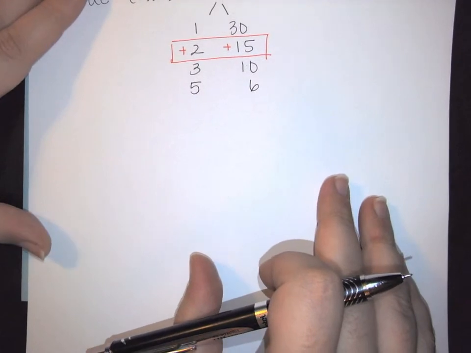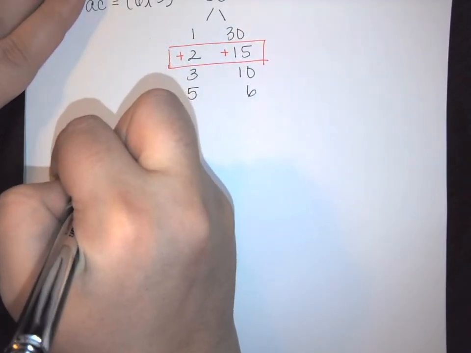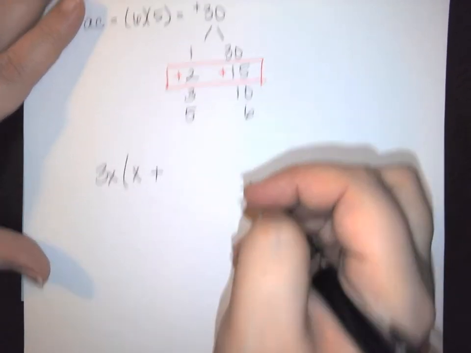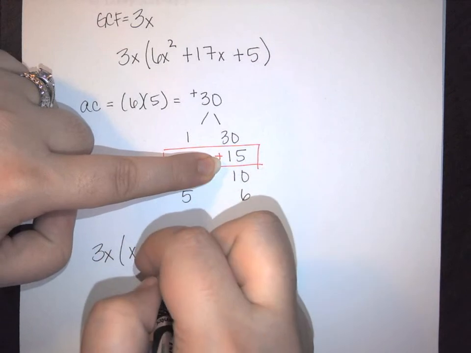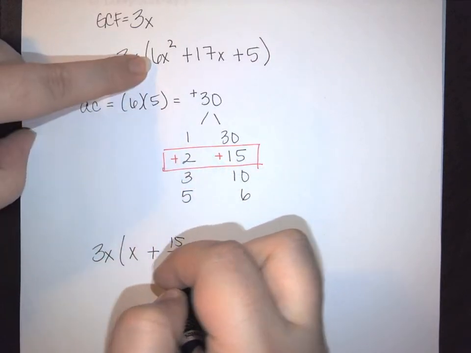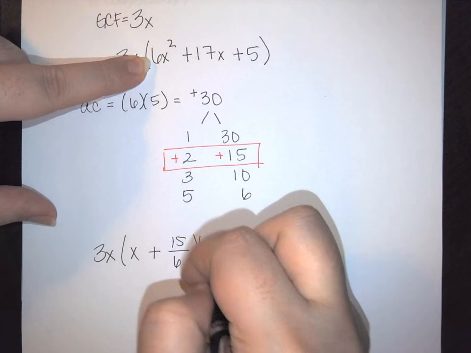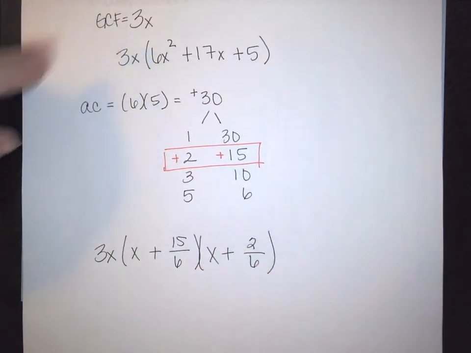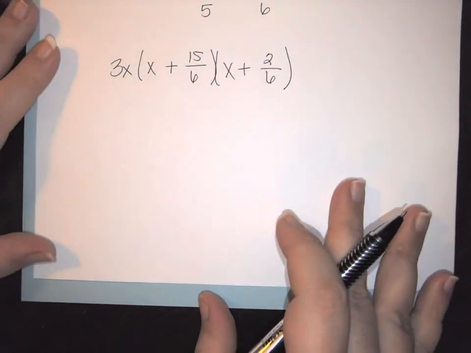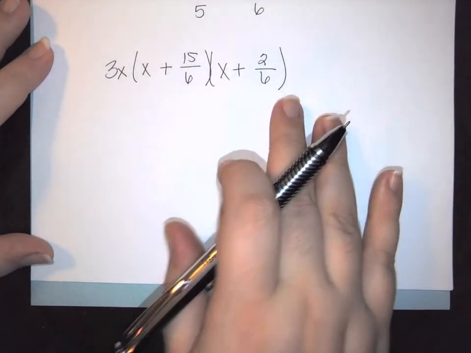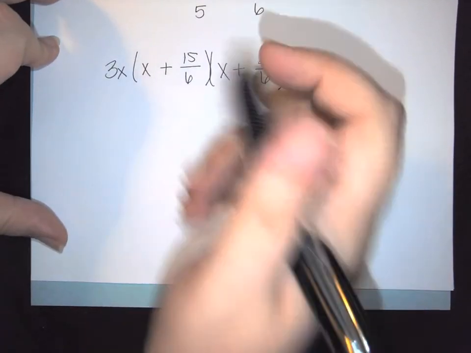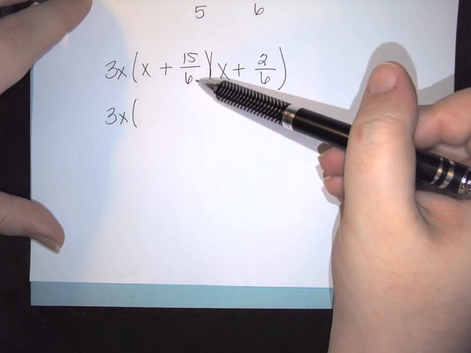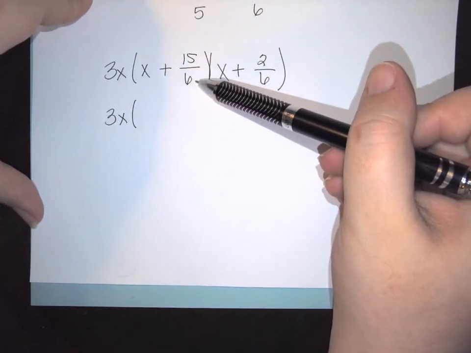Once we know that, we can set ourselves up. So we have my 3x, because that's what I pulled out. Then I'm going to have x plus my factor, so 15 over my a term, which is 6, and then x plus the 2 over my a term, which is 6. Now that it's set up, we want to reduce these fractions. So here we've got the 3x still. 15 over 6 is going to reduce down by 3.